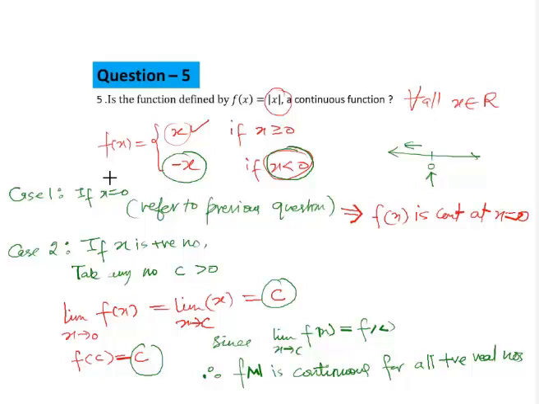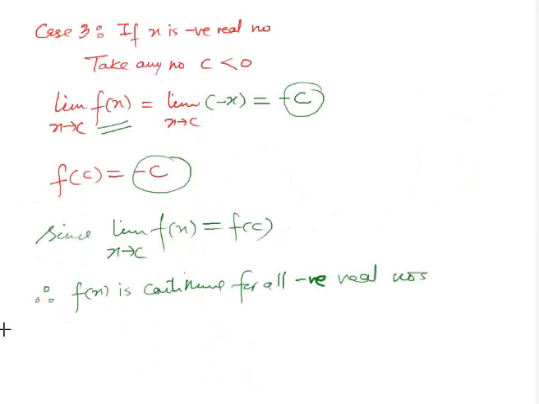So in all these three cases, when x equals 0, when x is greater than 0, when x is less than 0, the function becomes continuous. Hence f of x is continuous for all real numbers.